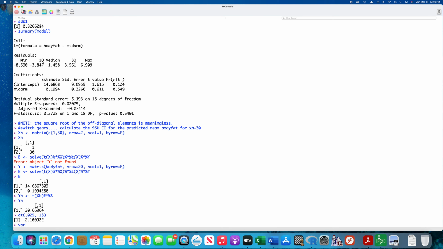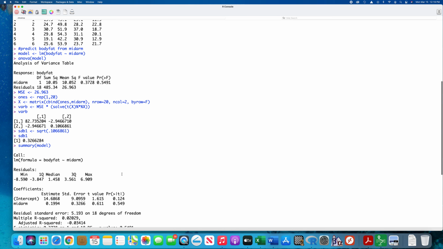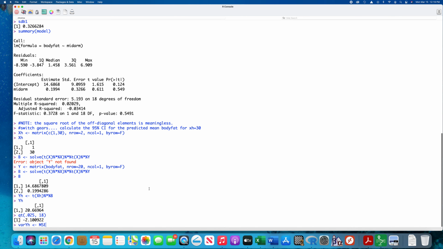Now the next thing I need to do is calculate the variance for the predicted value. So I'm going to do variance of YH. I need the mean square error, which let me make sure I did that above. I'm pretty sure I did. Yeah, mean square error. Now, guys, notice that that's not a vector. It's not a matrix. So I don't use the percent-multiplication-percent sign. I just use multiply, because again it's just a constant.